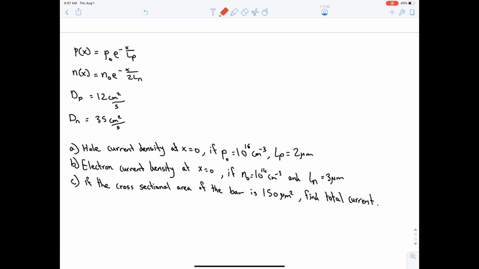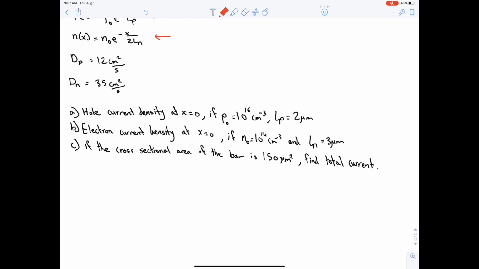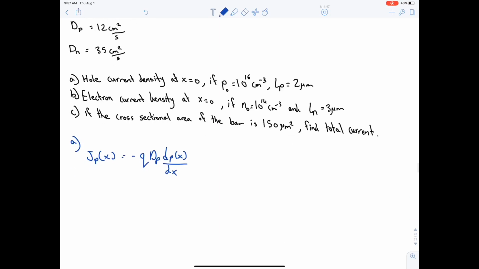Okay, so here we have to find the hole current density at x equal to 0, but note here that we were given equation C for the hole current and the electron current. Let's begin with part A. This is easy also. So Jp is minus q Dp times dp of x over dx. q is 1.6 times 10 to the minus 19. Dp is 12.